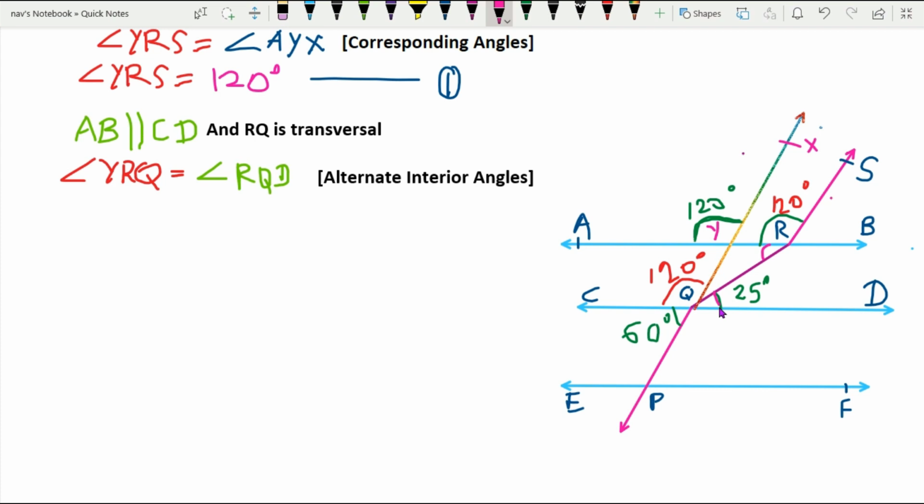You can see a Z shape is forming here. So these are alternate interior angles. So YRQ will be equal to RQD.